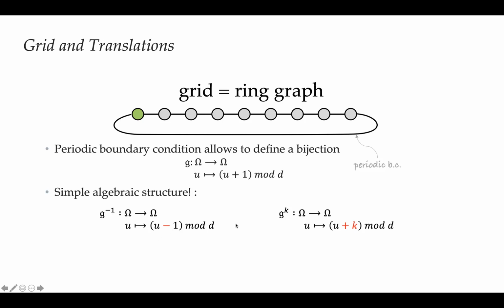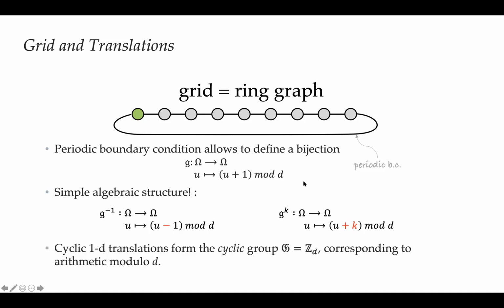And of course, if I want to compose this transformation and move things not just by 1 unit, but by k units, as here, right? So I compose this transformation k times. I just have the equivalent operation in the arithmetic group. So here we are just rediscovering the fact that the algebraic structure of this group of transformations is precisely the structure of doing arithmetic modulo D, right? This is called the cyclic group.